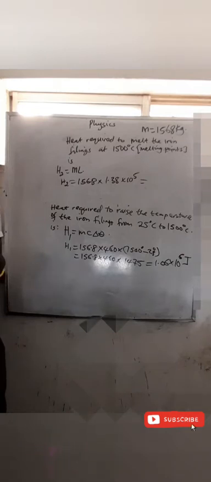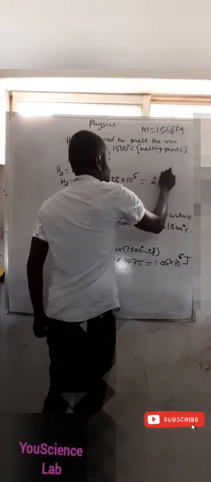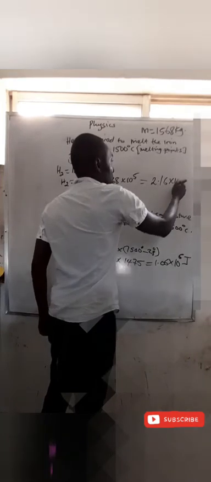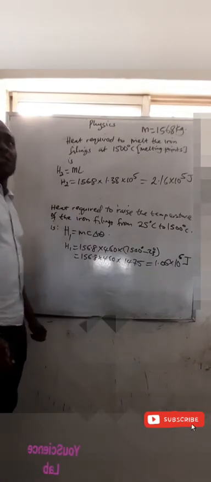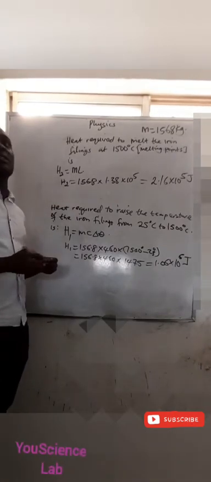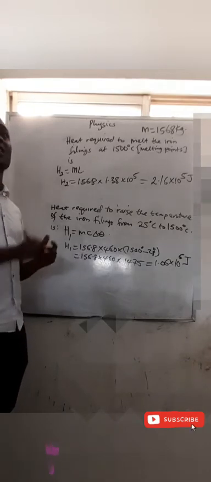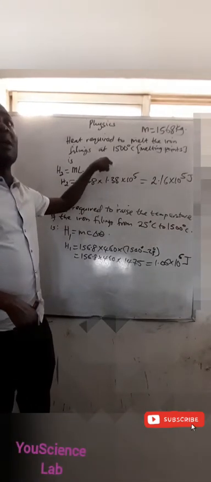That's 2.16 times 10 raised to the power 7 joules. Are we seeing that now? So the total heat required to melt all of this is the heat required to raise the temperature to its melting point plus the heat required to melt it.